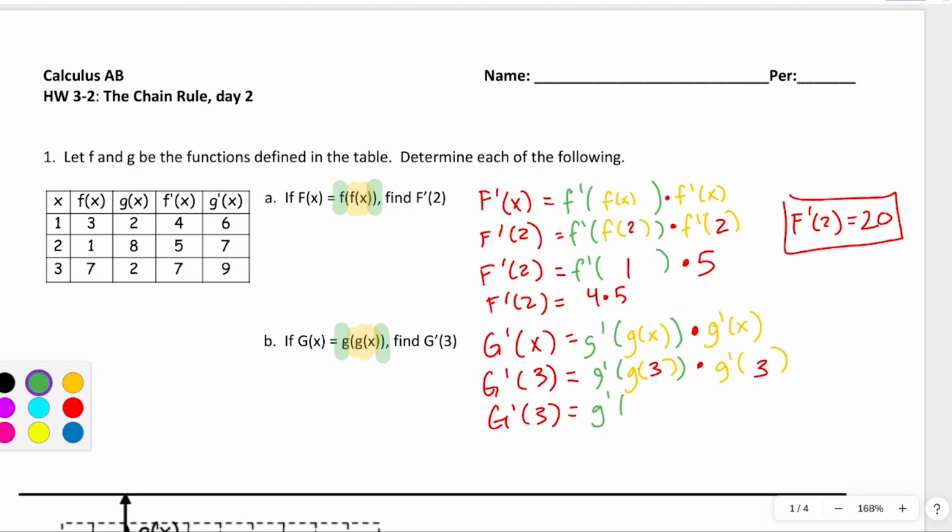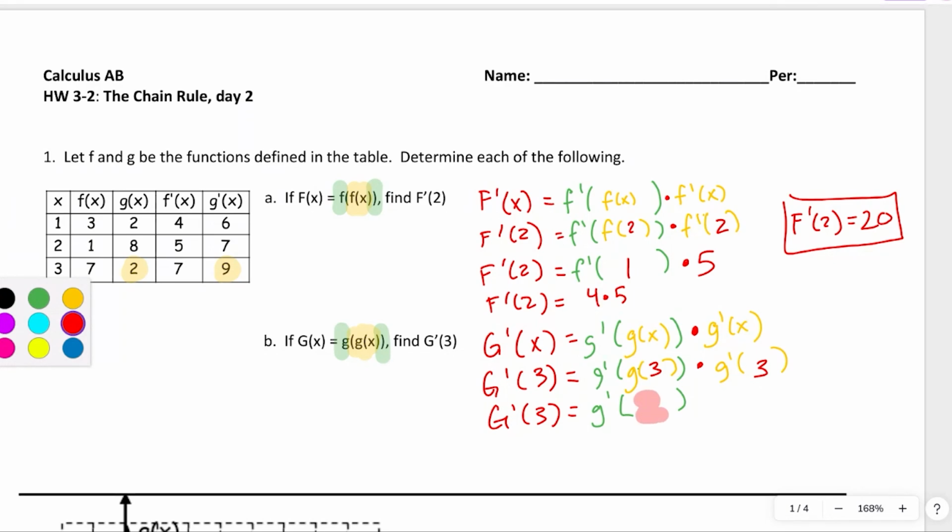So we have g prime of whatever g of 3 is, and we can see g of 3 right here, and we might as well also highlight g prime of 3. So g of 3 is 2. And g prime of 3 is 9.